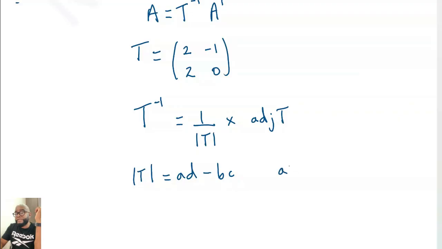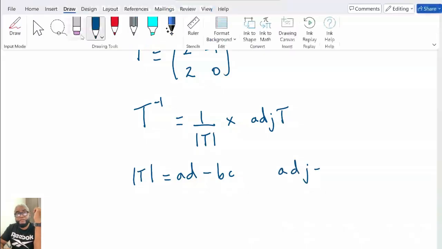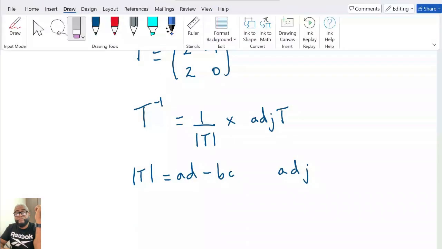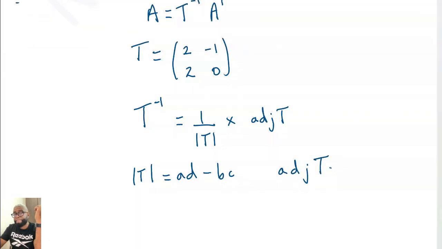Everybody good here? What is the movement we're making for the adjoint of T? What's the movement we're making for the adjoint of T? Say it again. d comes in here, a comes in here, then what comes in here?